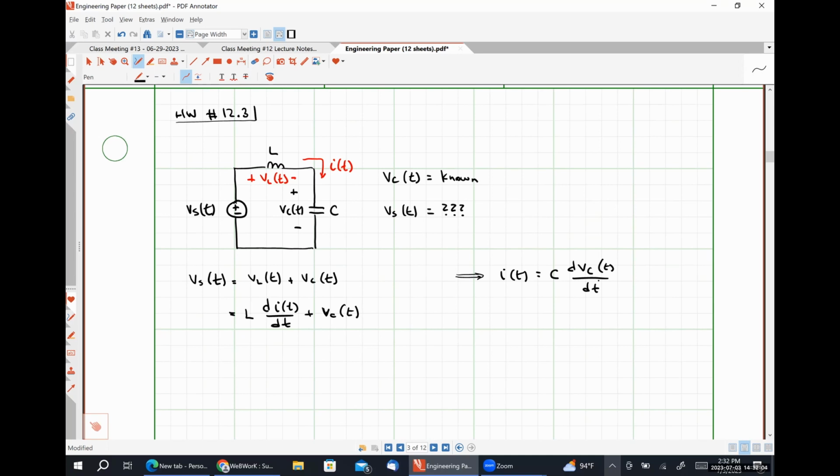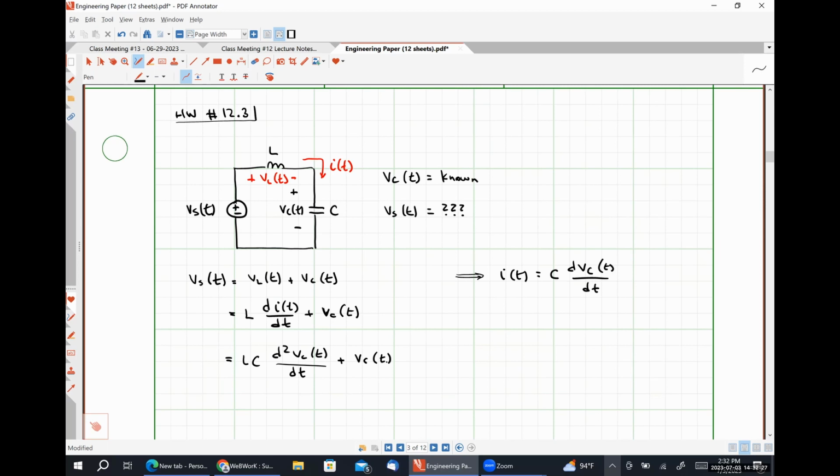So if I substitute that in, I find that my source voltage is LC times the second derivative of my capacitor voltage with respect to time plus my capacitor voltage.